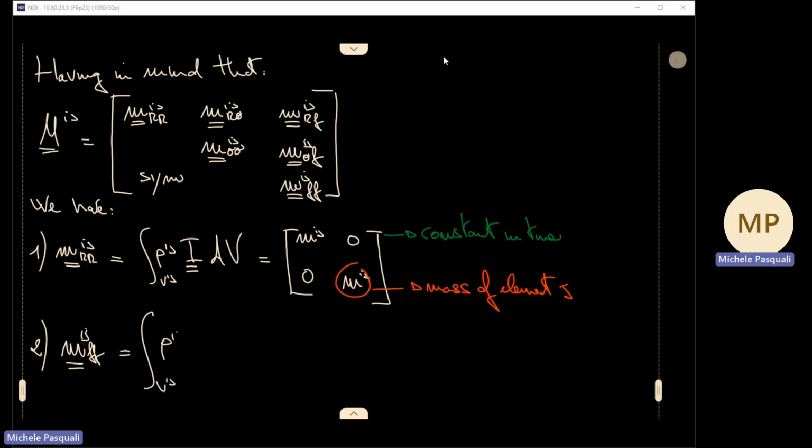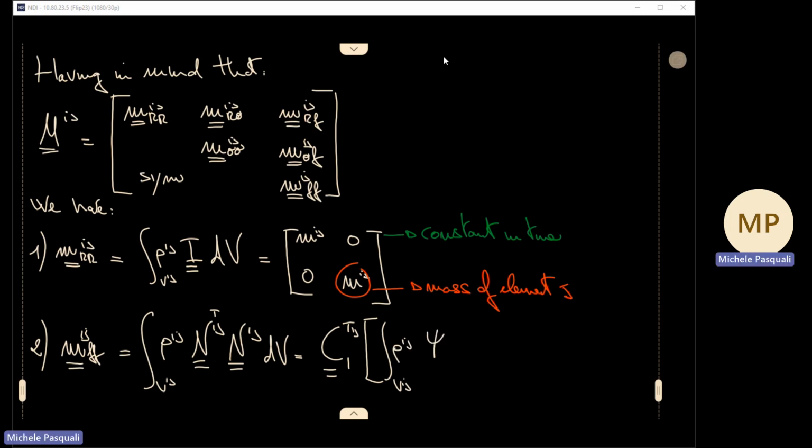Okay, so again, from the resulting calculation that we have carried out, this rho ij and ij transpose are applied over nij in the V. And this, bringing out again of the integral sign all of the quantities which are not space dependent, becomes C1 transpose ij applied over the integral over Vij of the density applied over psi ij, which is the shape functions of the element that we have indicated at the very beginning of the exercise, if you remember, in the V. All of this being multiplied times C1 ij.